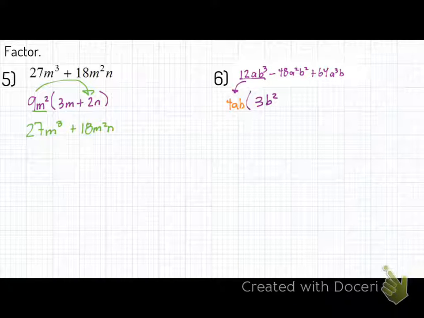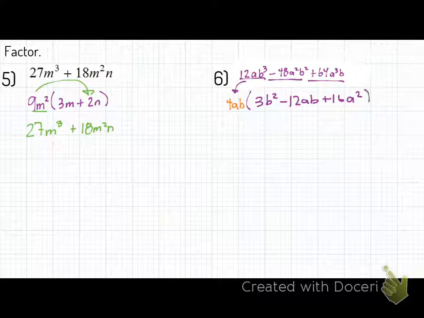Good. Next one. Okay, next one's going to be negative 12AB. Good. Last one. Plus 16A squared. That's it.